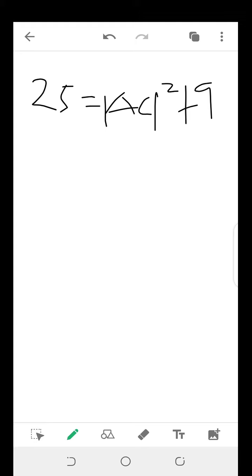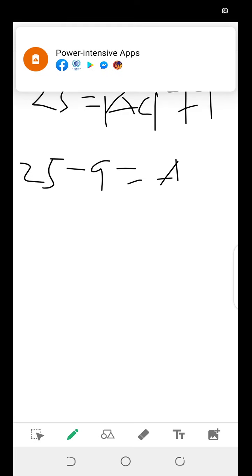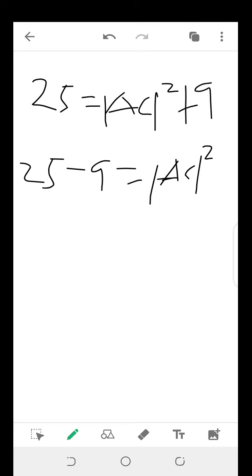Because we need AC, all that we need to do is send the 9 to where the 25 is. So now 25 minus 9 is equal to AC square. 25 minus 9 gives us 16.